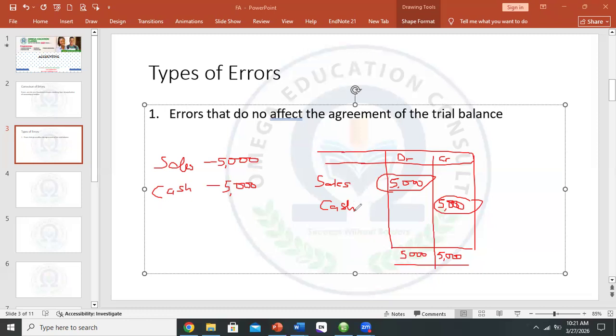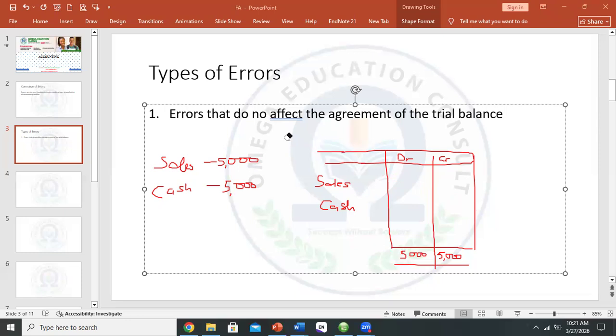Let me see if I can give another error that will not affect the agreement of the trial balance. So let's say that in this same example, sales 5,000, cash 5,000. When I was recording, this is what I did, or when I was putting it in the trial balance. So this time, let me put sales and cash at the right spot.